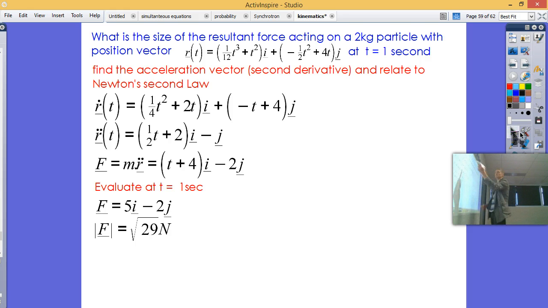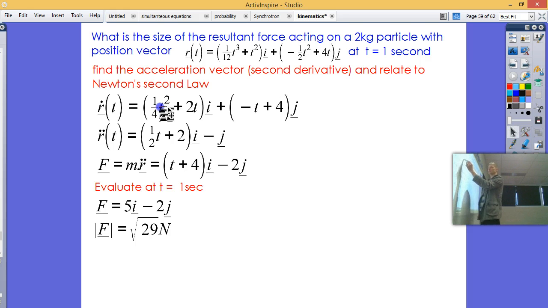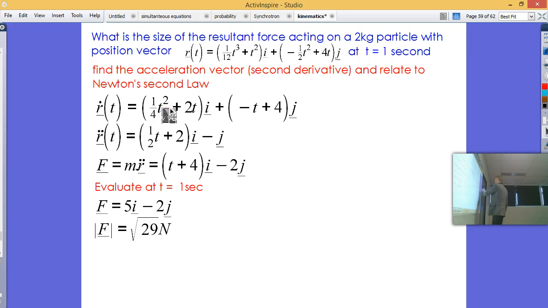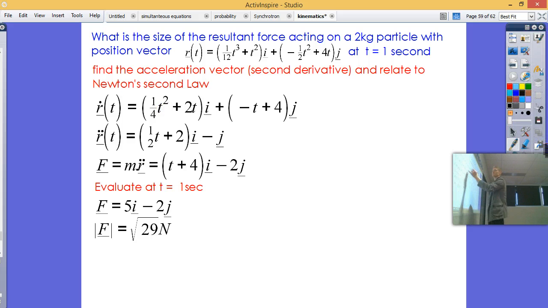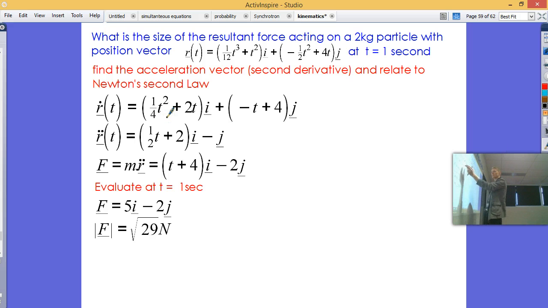So we start differentiating. First we get the velocity vector, taking the derivative of each, okay, and keeping them all separate and keep them within their I and j component. And we differentiate again. Second derivative of position is acceleration.